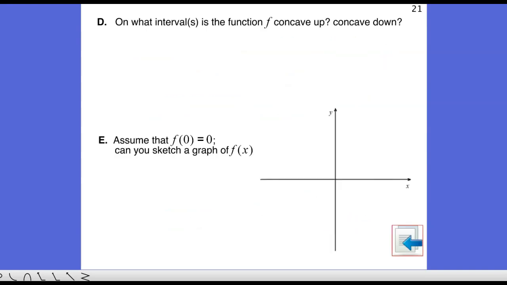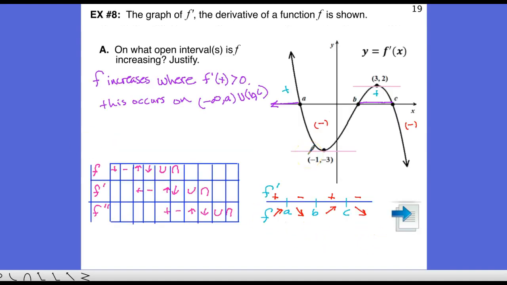In part D, they ask on what intervals the function f is concave up or concave down. Now, thinking about concavity, remember that the concavity of the original function is broken up by points of inflection. And also remember, we're not looking at the original function f, we're looking at f prime.